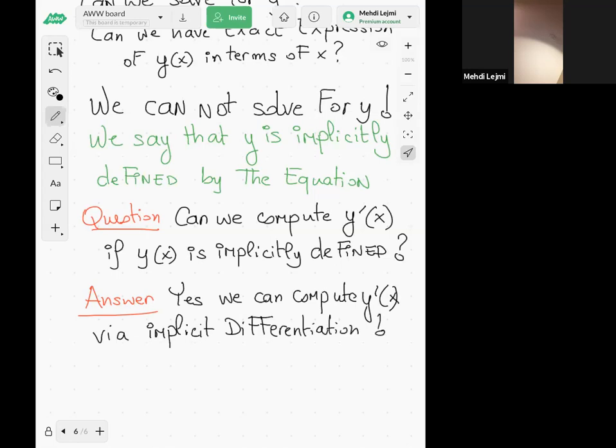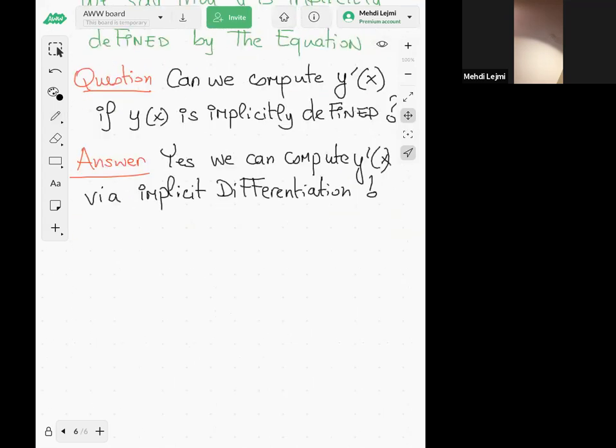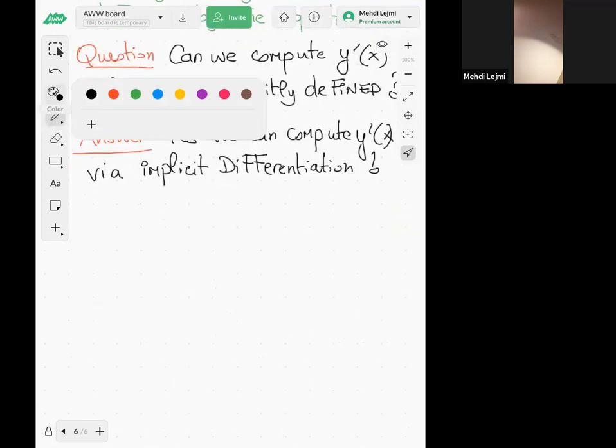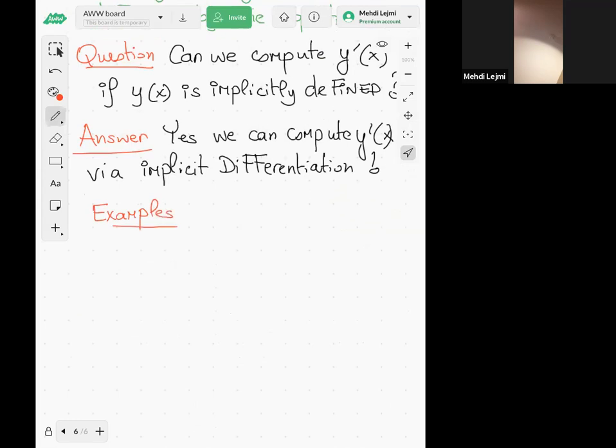Okay, so now let me give you some examples. Let me show you how this implicit differentiation works. Again, y is supposed to be a function of x, so y is y of x, and I'm supposed to be able to compute y prime of x, the derivative of y of x.